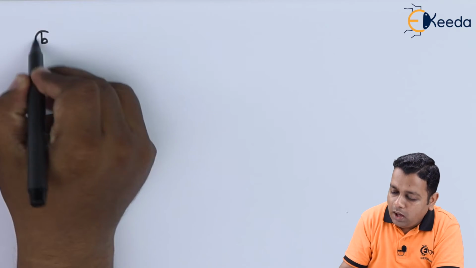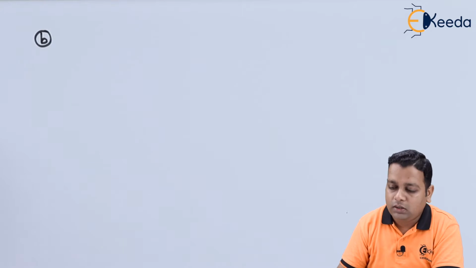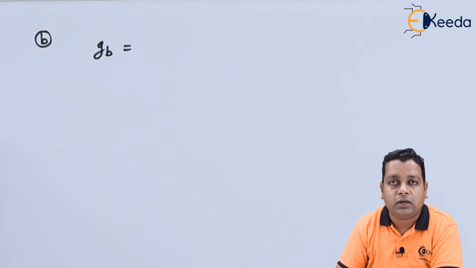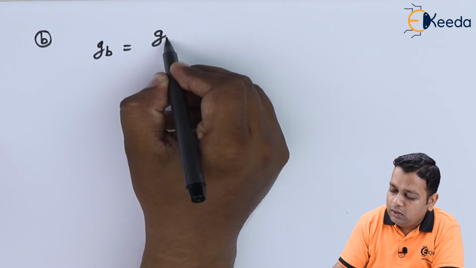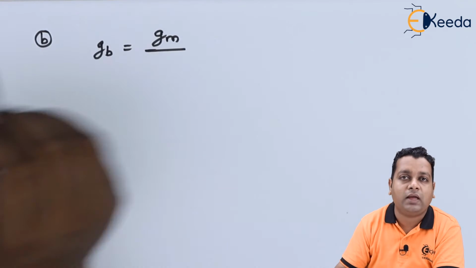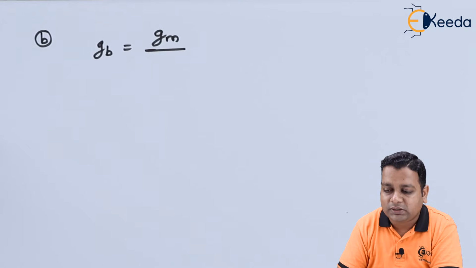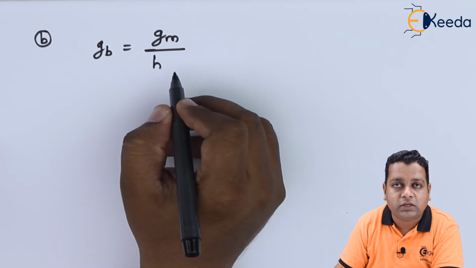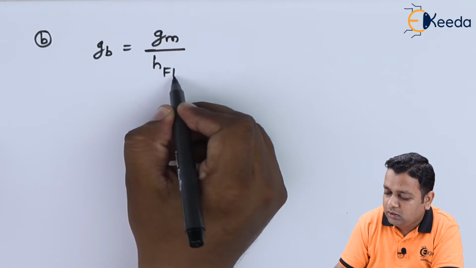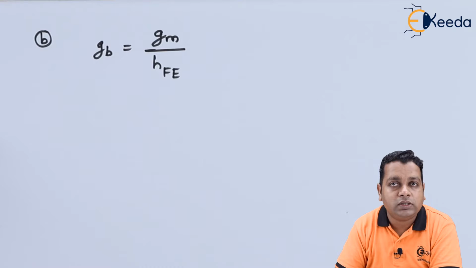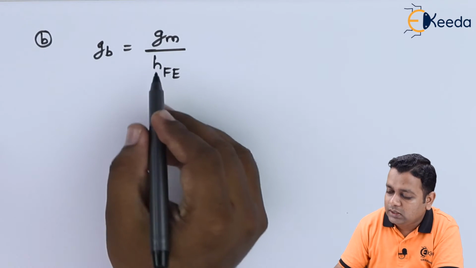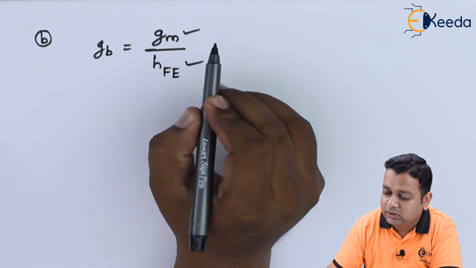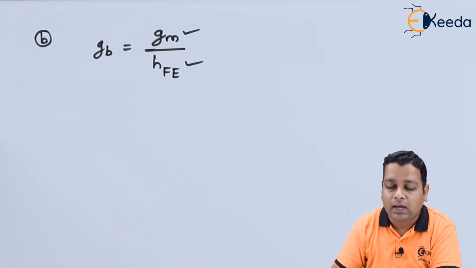So for part B, the input conductance denoted by G suffix B is basically the ratio of mutual conductance we have calculated as the answer of part A, G suffix M, to that of the gain factor with respect to the currents into the common emitter configuration provided in the given details, that is H suffix Fe. So this is the given value, and this value is just now computed in the previous answer here.